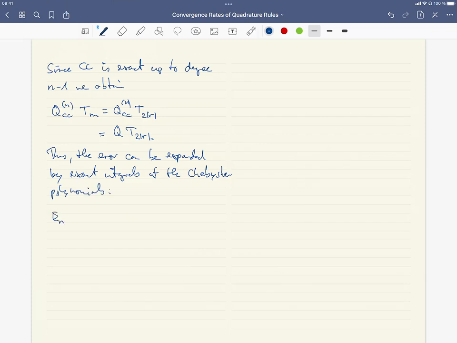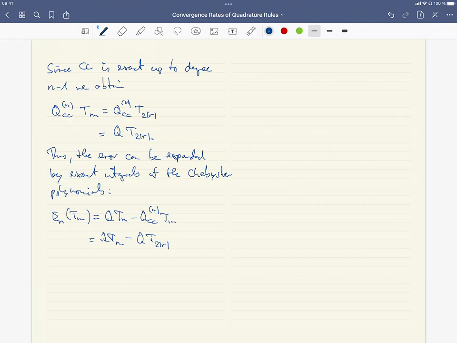So I have E_n of T_m. That's the term that's interesting. So what's the error when integrating the mth order Chebyshev polynomial? So this is the true integral minus the Clenshaw-Curtis integral. We know now that this is the true integral minus the true integral of the 2rth.